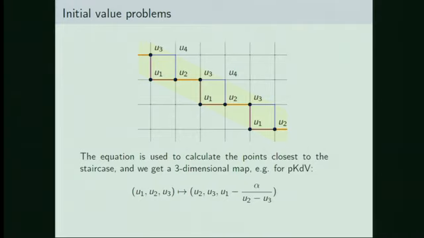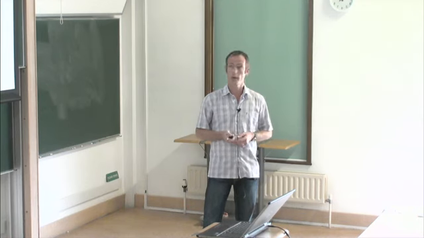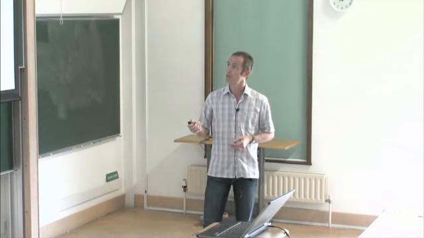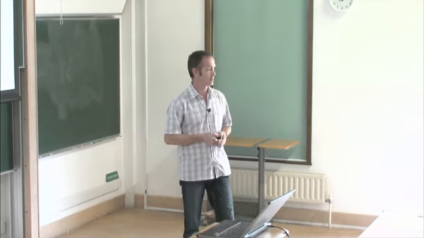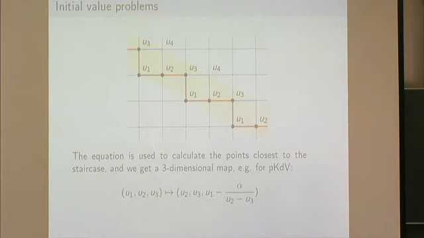So what you do if you have your staircase and your values, you can update the values. You can see the square here. So you can use that square to calculate the new value using the equation. And then you can update these 3 variables here to those 3 variables there, and you're down to a 3-dimensional map. This is how it works.